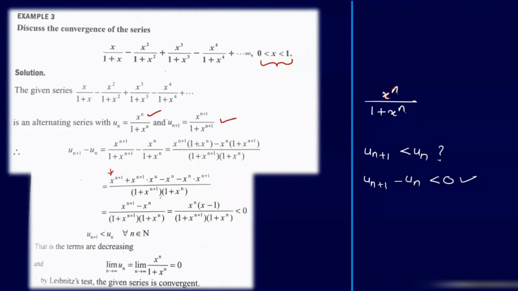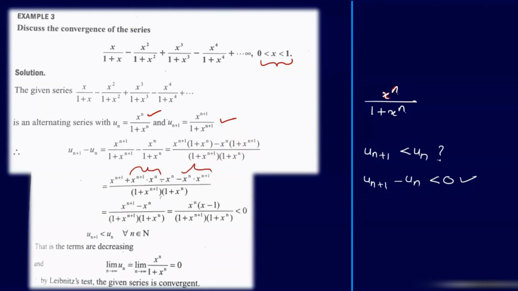Then x to the power of n plus 1 into x to the power of n, the same is written here. Then minus x to the power of n into 1, it is x to the power of n. Then minus into plus, we have minus x to the power of n into x to the power of n plus 1. Looking at those terms carefully, look at the second term and then the last term.